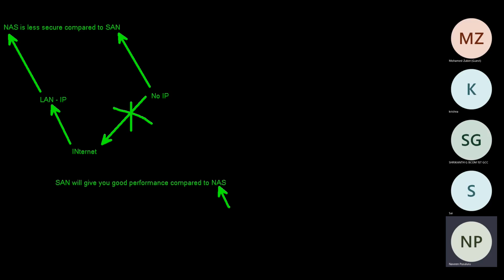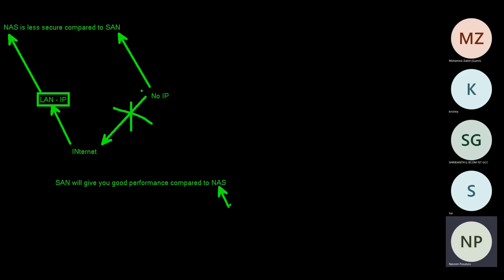Let's assume that 10 people are connected to the same Wi-Fi. It has to share the same bandwidth across all 10 devices, so it will decrease your internet speed, right? Same thing here. When it comes to NAS, based on the number of devices connected to a LAN, you might notice some performance issues if you don't configure it properly.